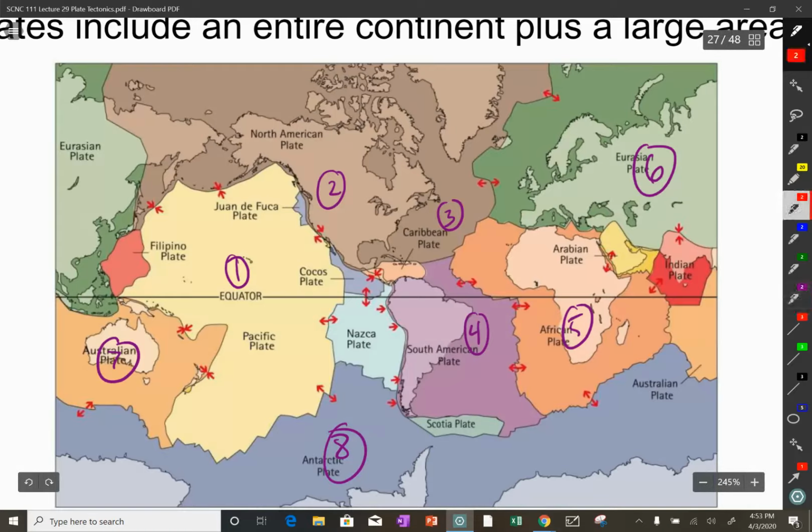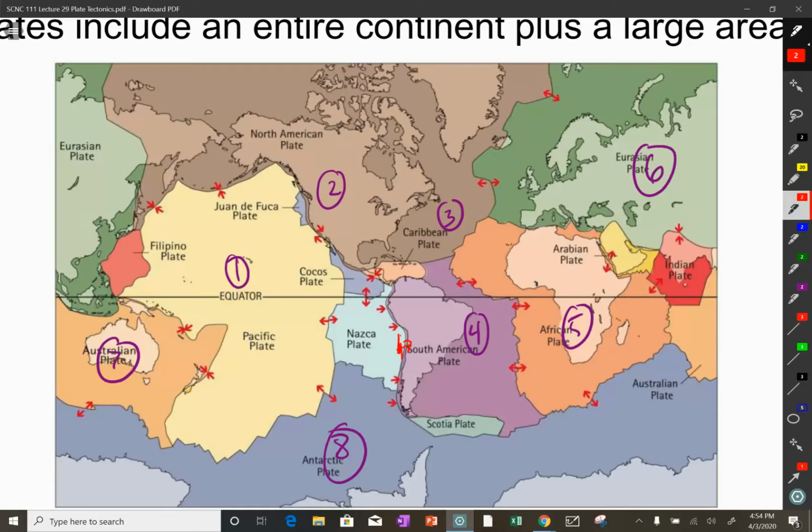And then the minor plates, well, this one here, the Nazca plate, that's a real big minor plate for us. You know, they have more earthquakes in Chile than anywhere else in the world. Why? Because this Nazca plate is pushing into it, causing a subduction, putting stress on the rocks. And when the stress gets enough, the rocks slip, and that causes an earthquake.